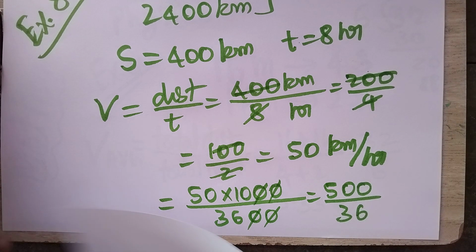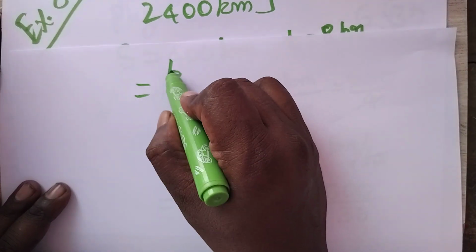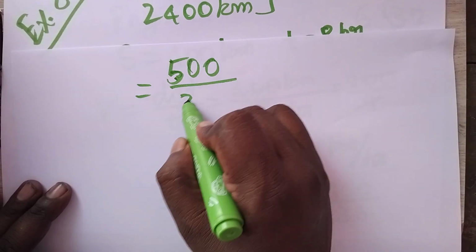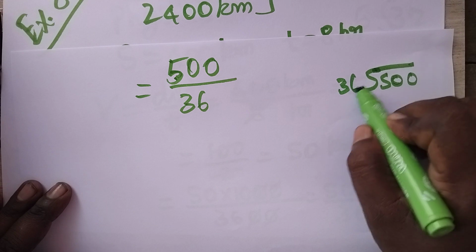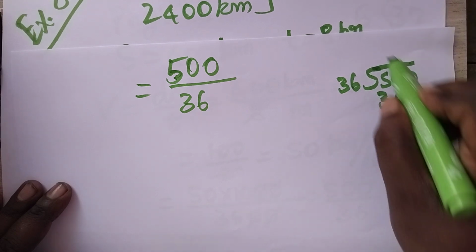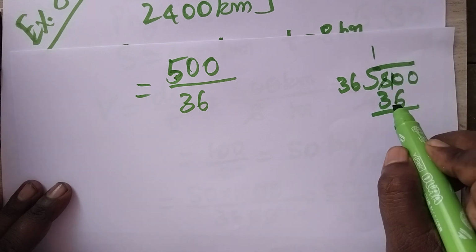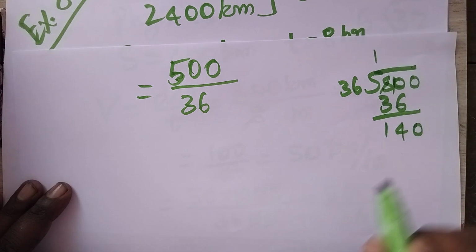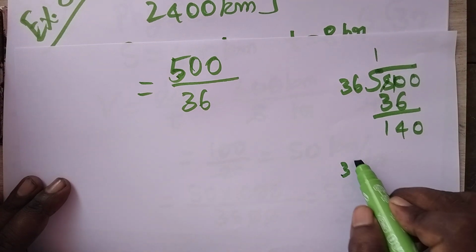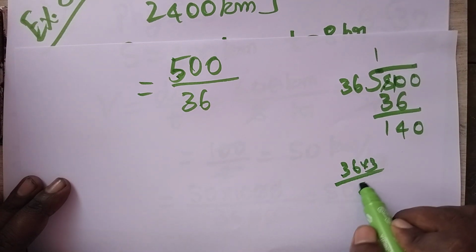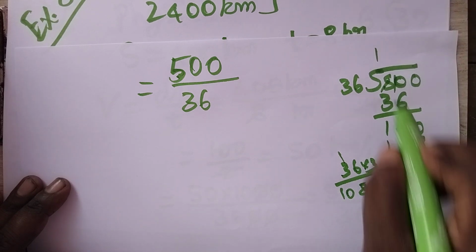So the answer for the second problem is 500 divided by 36. 500 inside, 36 outside, 36 goes one time, leaving 140. 36 into 3 times is 108.